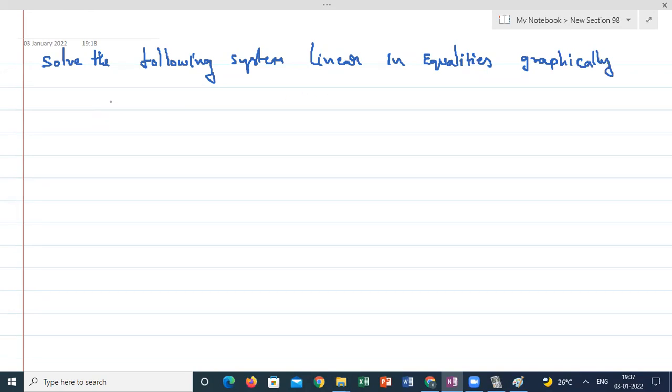My linear inequalities are 5x plus 4y less than or equal to 20, x greater than or equal to 1, y greater than or equal to 2. See, this is my system of equations.